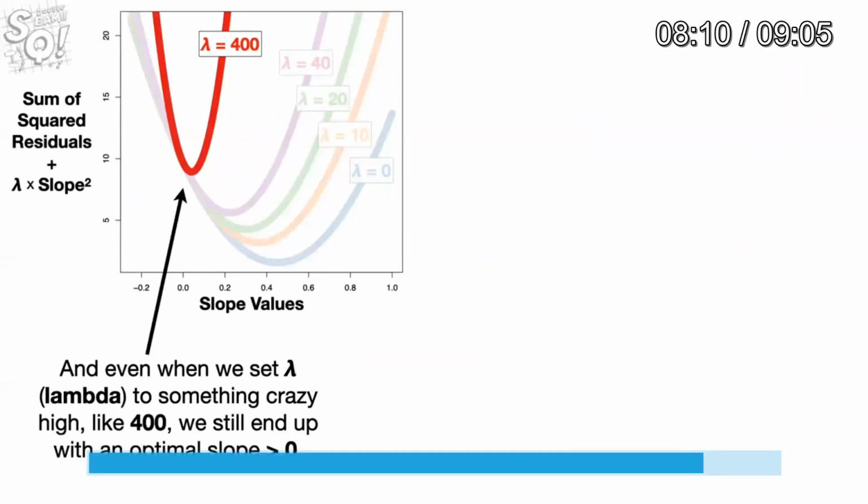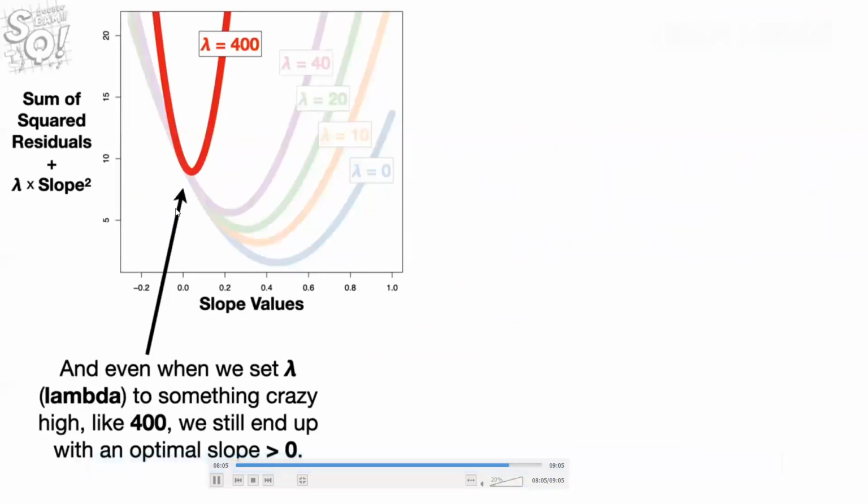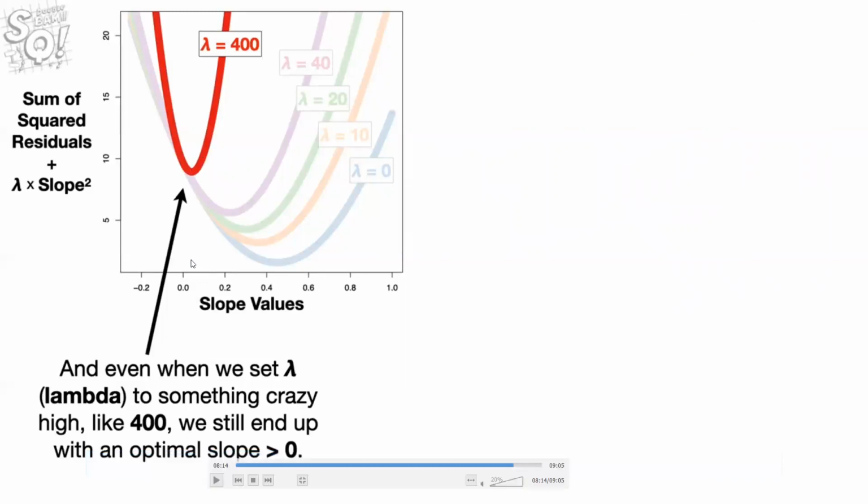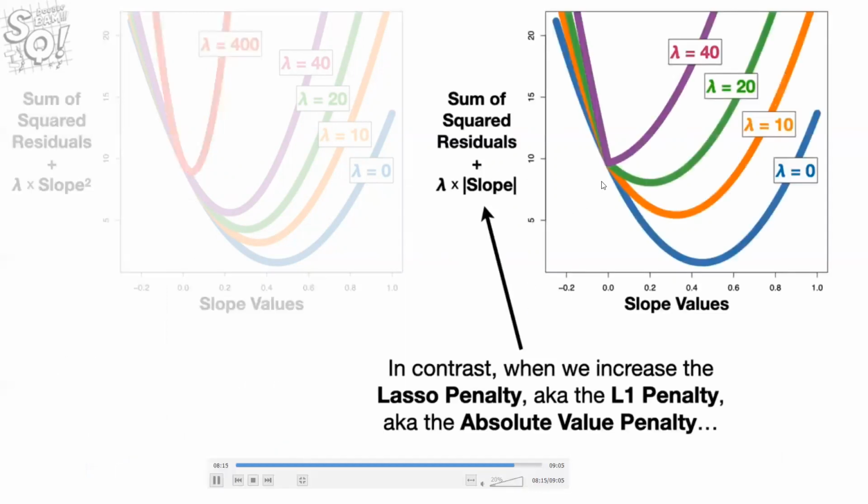If we were using ridge regression, then even if we had chosen this high value of 400 for lambda, we would not be arriving at 0. Even for lambda equal to 400, we see that the slope is greater than 0.